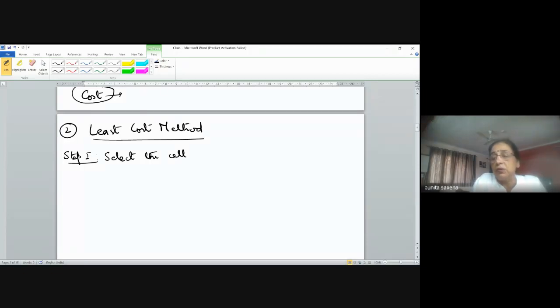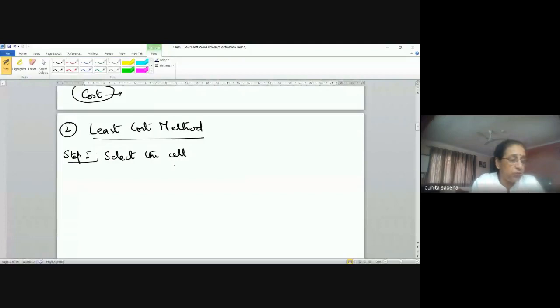So in this case, what we are going to do is select the cell with the lowest cost in the whole matrix. That means we look at how much is the lowest cost in the whole matrix and start the allocation. Of course, not zero.